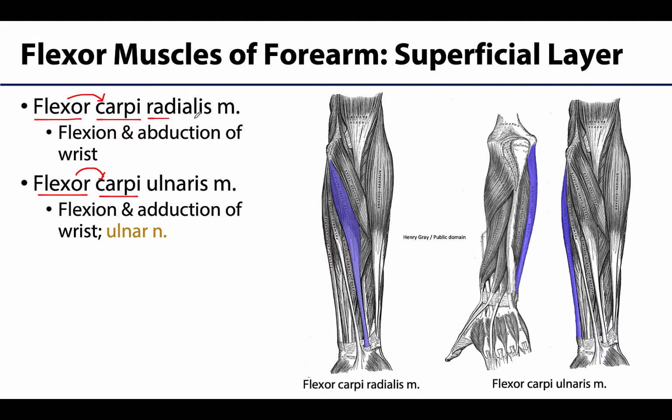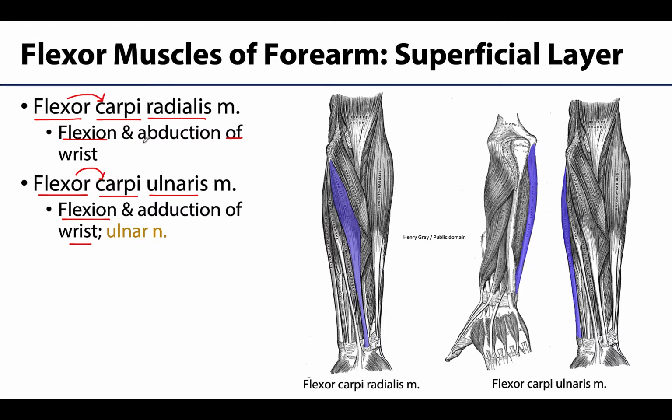And then lastly, these tell you on what side you will find these muscles, either on the radial side, or the more lateral portion, or the ulnar side, or more medial portion. So you can see that for both the flexor carpi radialis and ulnaris, both are going to play a role in flexion of the wrist, just like the name said, right?